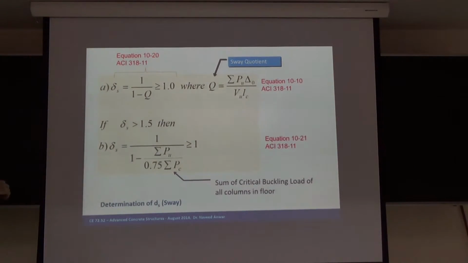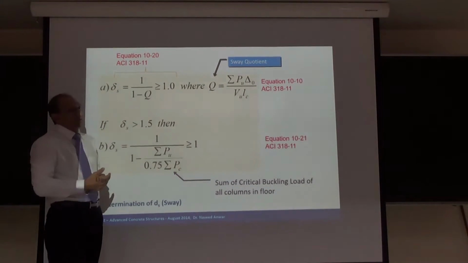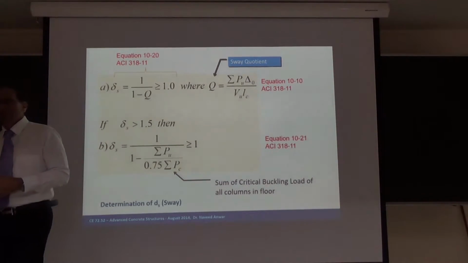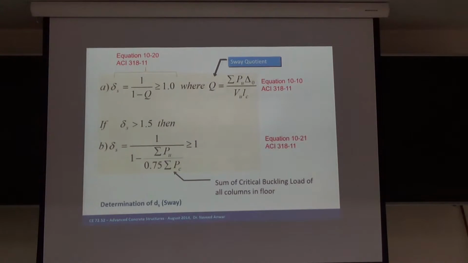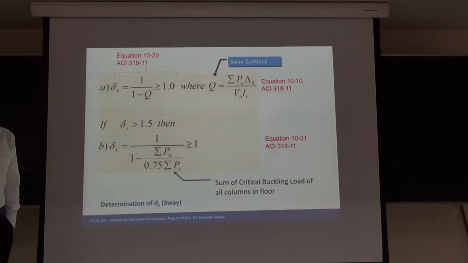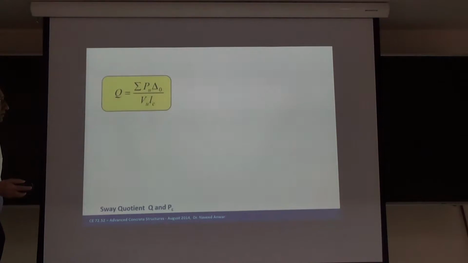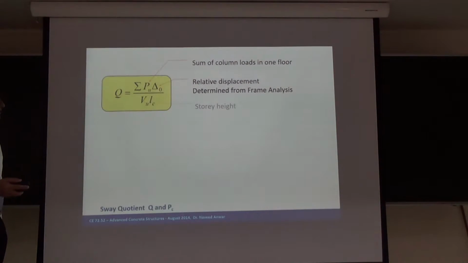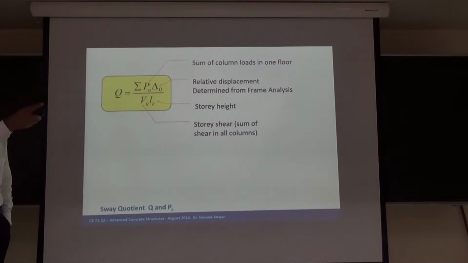Alright, so basically the idea is that we try to estimate the moment magnification of the columns using the simplified procedures, which are partly based on analysis and partly based on the Euler's theorem. So sum of column loads, relative displacement, story height, story shear, sum of shear to column as I mentioned to you.